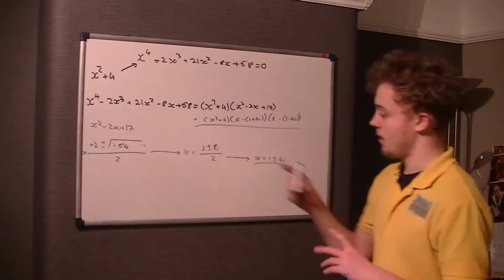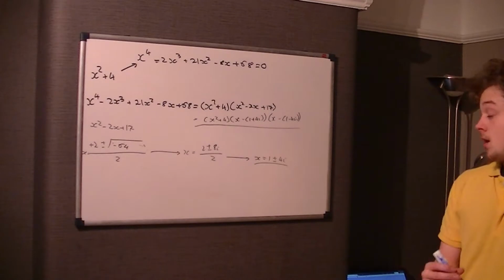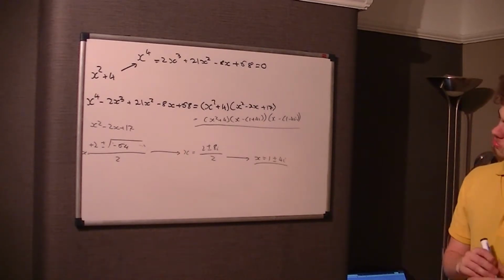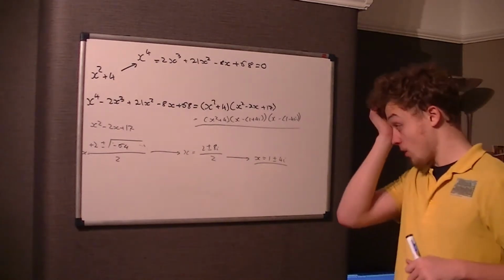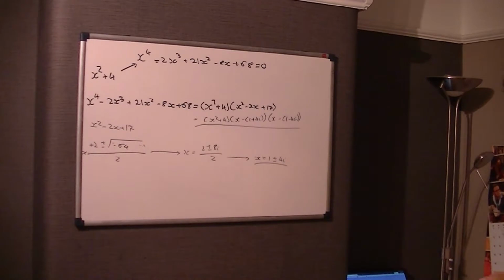Now you could factorise this x squared plus 4 into, well, might be quite difficult actually. If you can think off the top of your head what x squared plus 4 factorises to, please do let me know, otherwise I'm just assuming I'm being a complete idiot and can't factorise a simple quadratic.